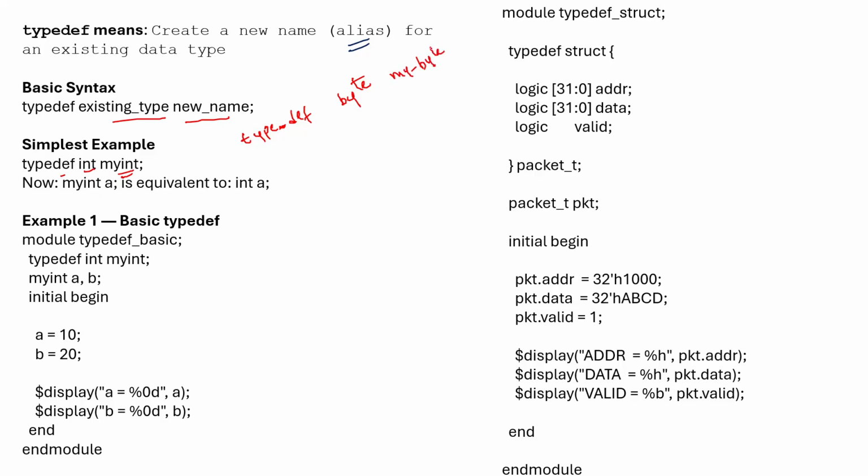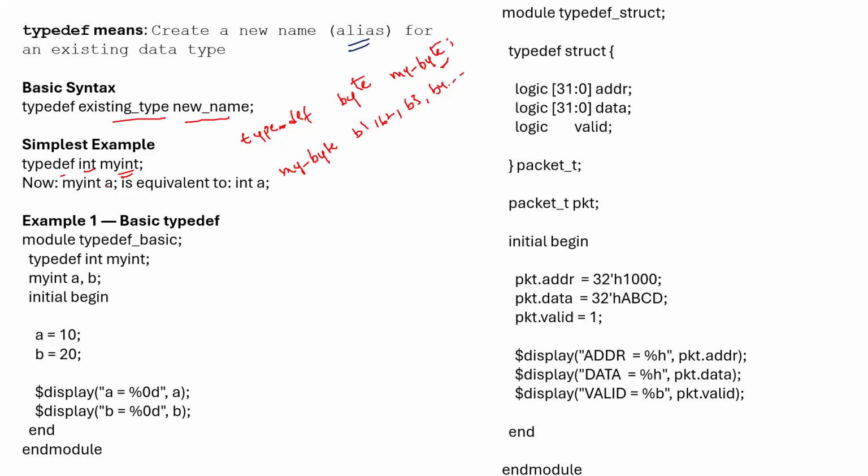My byte is the user defined data type, and then you can write byte1, byte2, byte3, byte4, and so on. It depends upon your mindset. Then all these are equivalent.